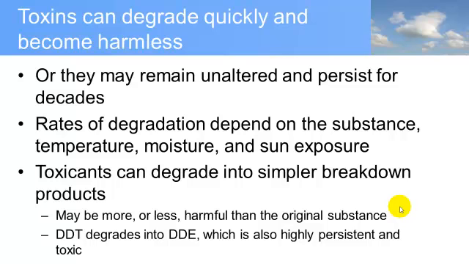But many synthetic organic chemicals do degrade over time, and the rates will depend on the nature of the substance, temperature, moisture, and sun exposure. Some of these chemicals can break down into simpler products that may be less harmful. Others may be more harmful, though. For example, DDT degrades into another chemical known as DDE, which is also very highly persistent and toxic in the environment.